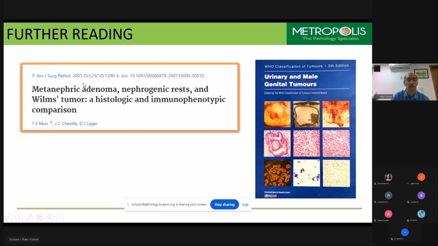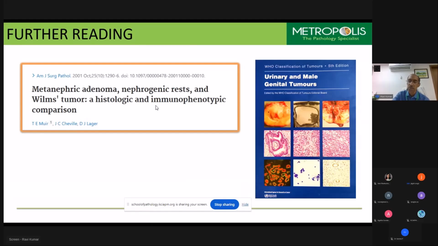It is not available free, but it's in the American Journal of Surgical Pathology, which gives you a detailed look at how you can differentiate these entities based on immunohistochemistry. And the WHO Blue Book is an excellent reference. It gives you a lot on metanephric tumors: metanephric adenoma, metanephric stromal tumor, metanephric adenofibroma. All these are very well described.